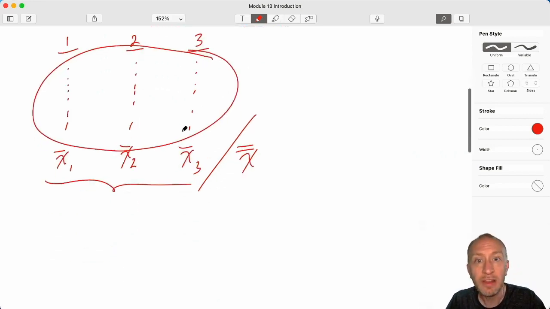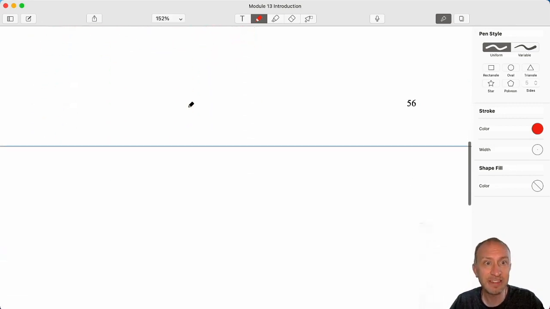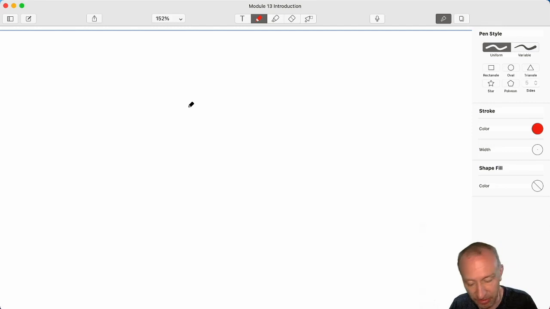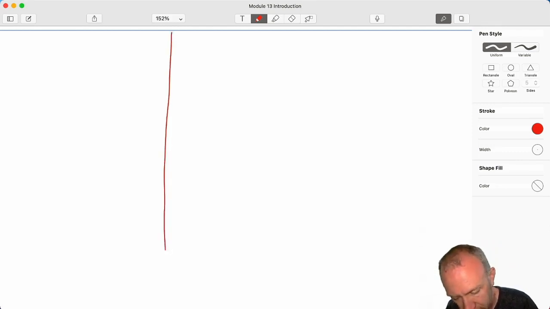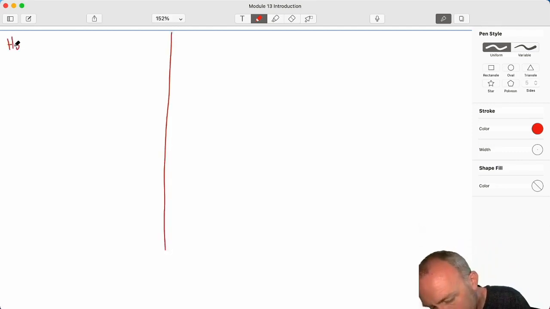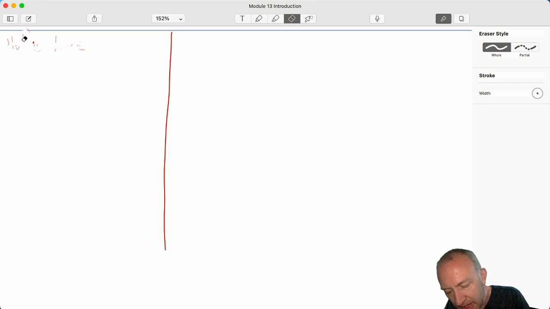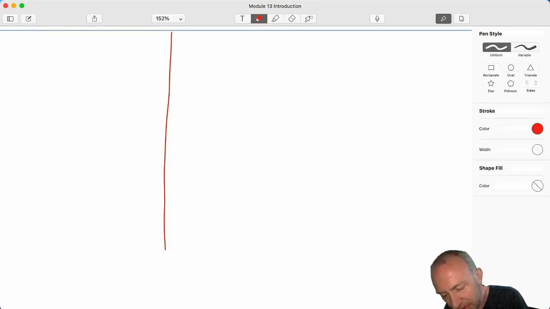Now, once we have that, here's kind of a graphical illustration of how this test is going to work. So here's what this might look like if, let me just make this clear, this is if H0 is true. If the null hypothesis is true, then all of those samples come from the same distribution.